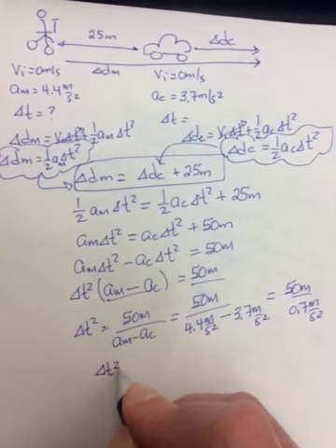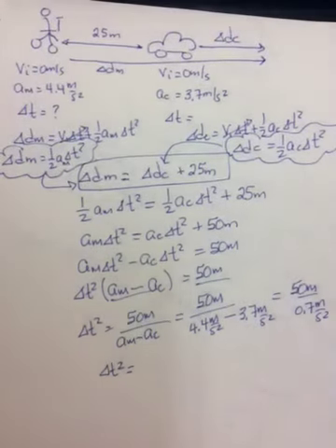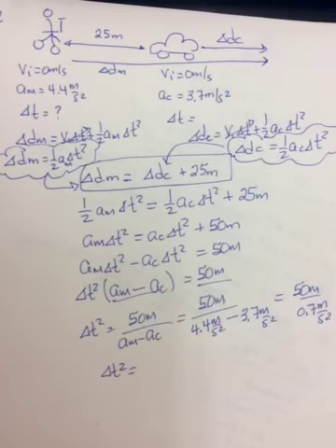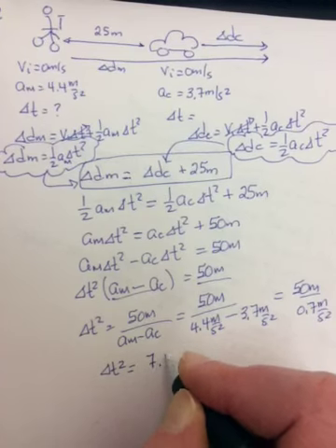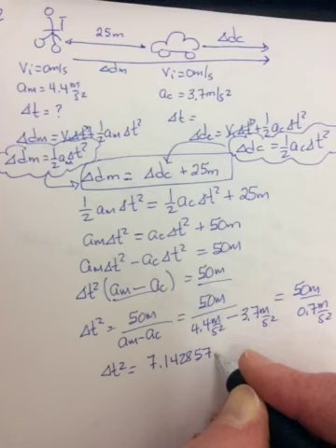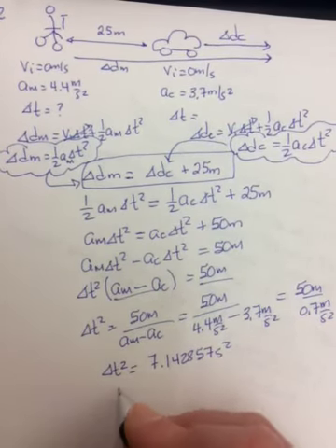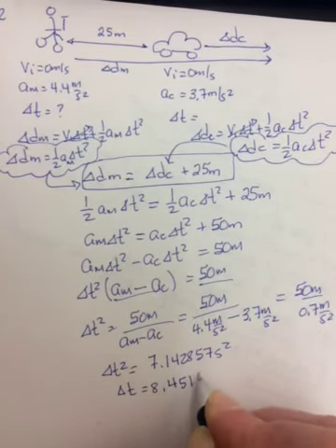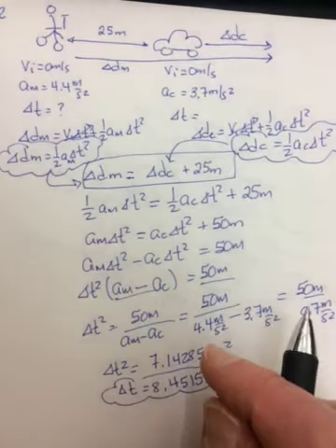You'll end up getting a t squared of 50 divided by 0.7, that's 500 divided by 7, so it's 71.42857, and I think it repeats. Second squared, take the square root, and you should get a t of 8.4515 seconds. That's the first part of the question.